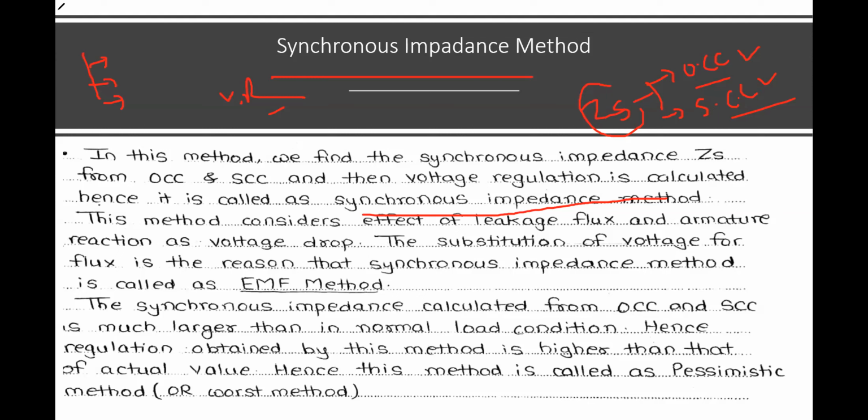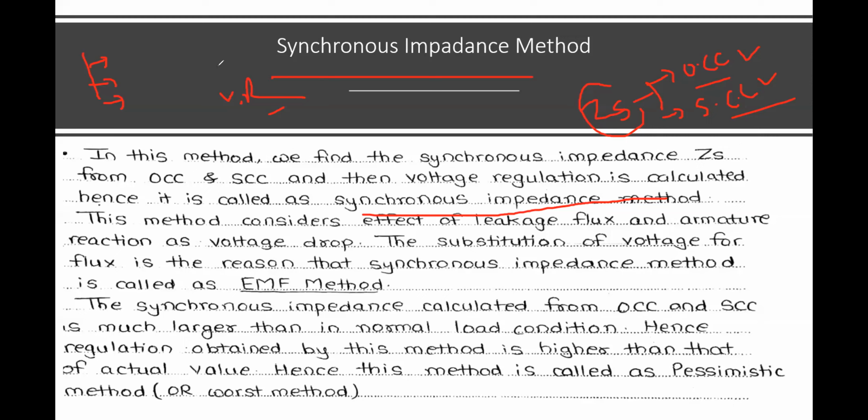Sorry students, tell me which three types of drop are present in the alternator. Sir, voltage, current and... Voltage, current. Okay. Yes, sir, iron losses, copper losses, and friction and windage losses. So I'm not asking about the losses.